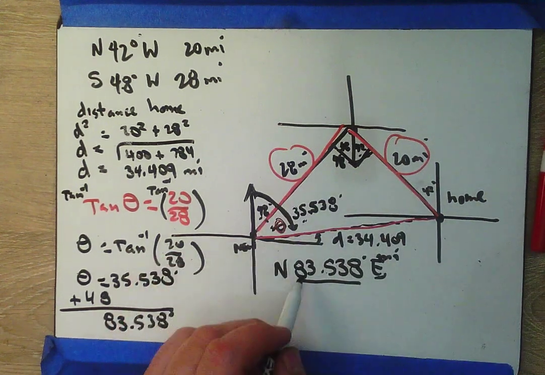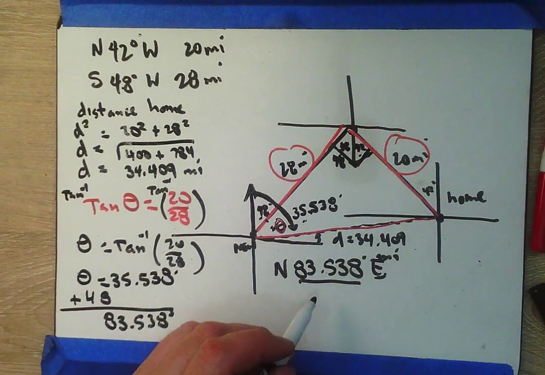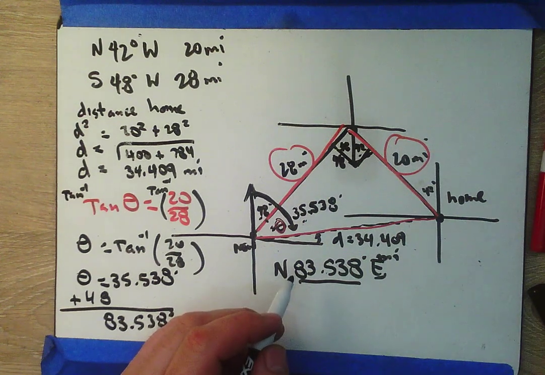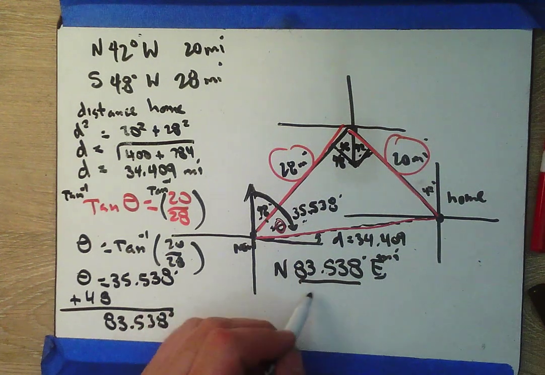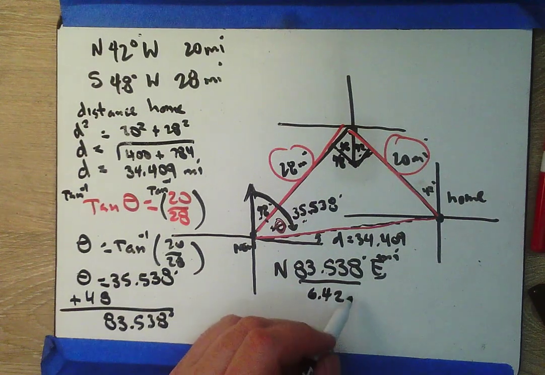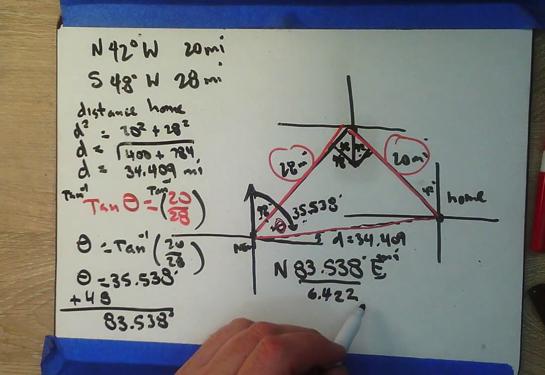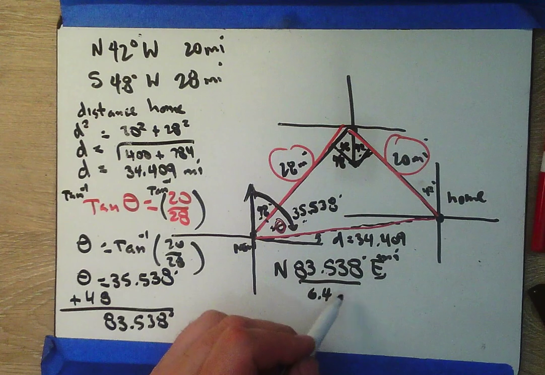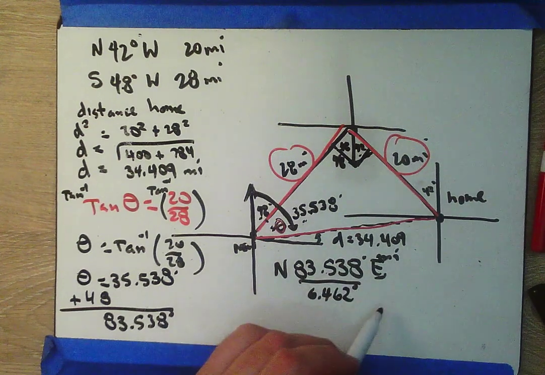Or I could say, well, I know that if I take this angle away from 90, I'll get 6.462 degrees.